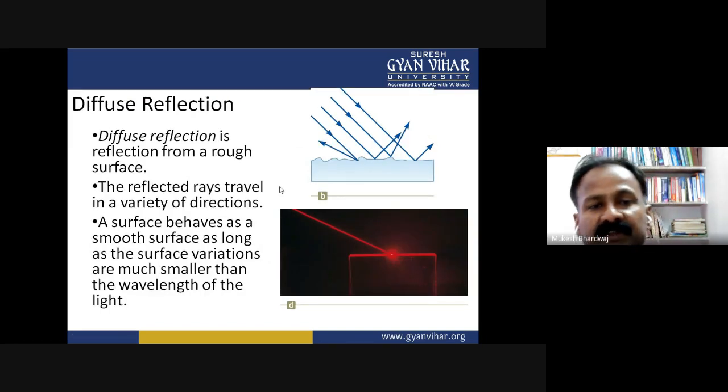Diffuse reflection is a reflection from a rough surface. The reflected rays travel in a variety of directions. A surface behaves as a smooth surface as long as the surface variations are much smaller than the wavelength of the light.